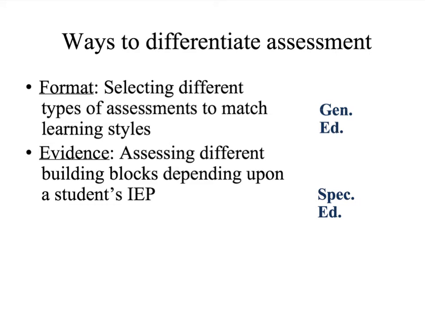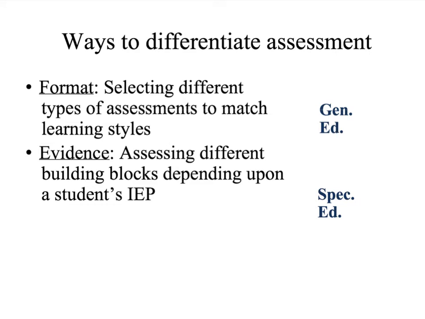And again, like we've said before, one is really specific to a gen ed situation where you're holding all students accountable to the same learning outcomes, as opposed to an inclusion model where you're going to unpack standards and have all students working under the same standard, but within that you're going to create tiers, a continuum of understanding for your IEP students.